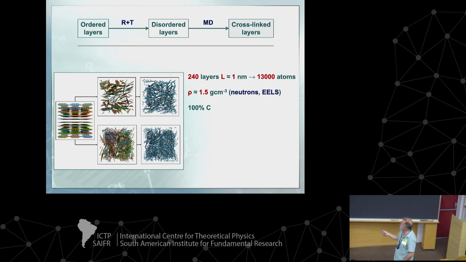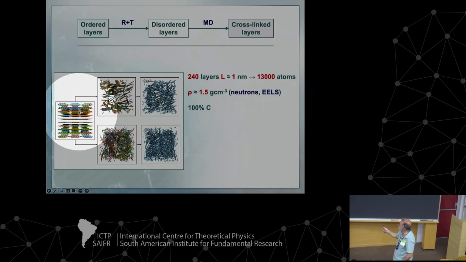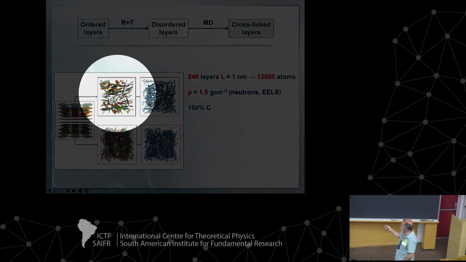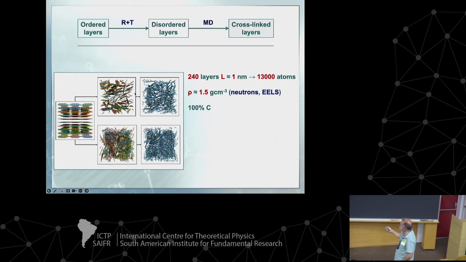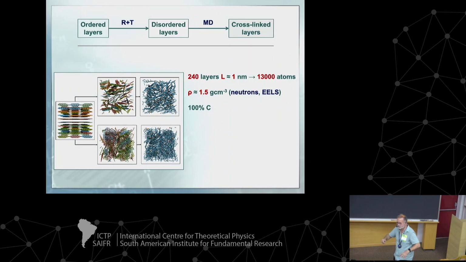So what we did, we built a system with layers, like that. We started to disorder the layers. And then we put a field here, right, between the layers, actually a potential, and the layers started to twist to connect with each other, right?